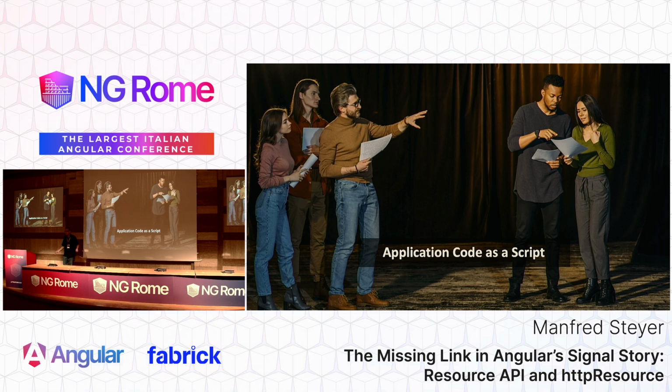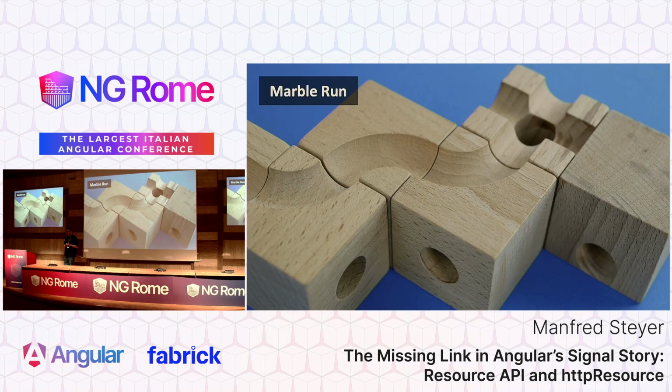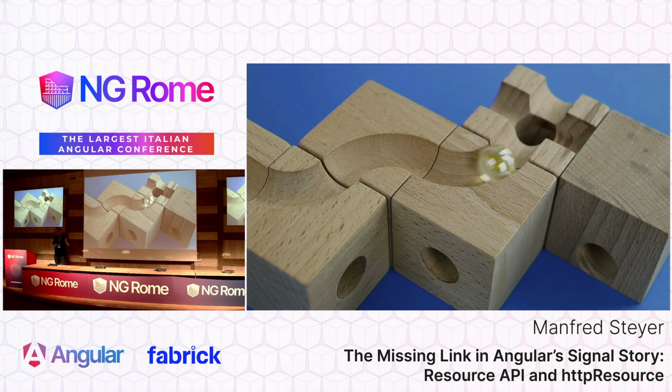However, when we switch over to the signal-based world, to signals and resources and so on, then we need to switch our thinking. Then we need to think about our application more as a marble run, where several marbles go through. Those marbles represent our data items going through the application.